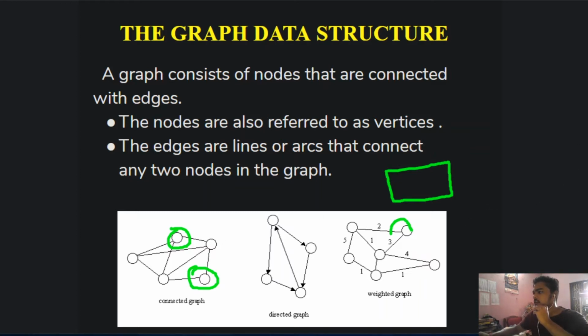So these circles are the nodes, and they are connected by edges. These lines you see, these lines are called edges, right? The edges are the lines or arcs that connect any two nodes in the graph. Every line you see here is an edge, and you may see that some lines have arrows and some do not.